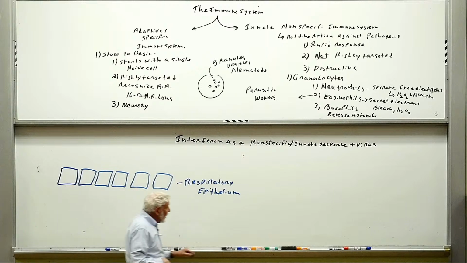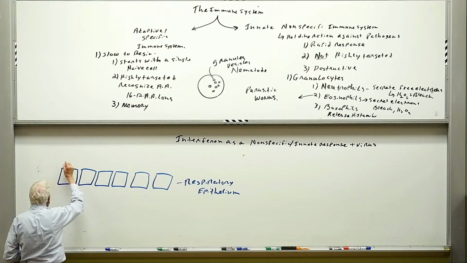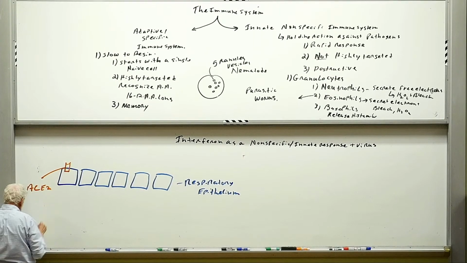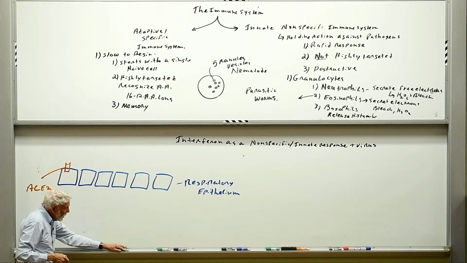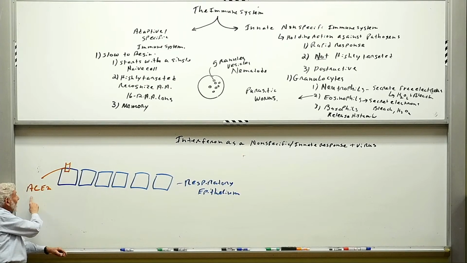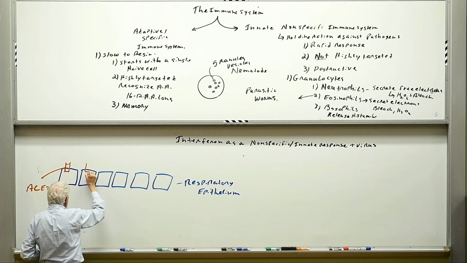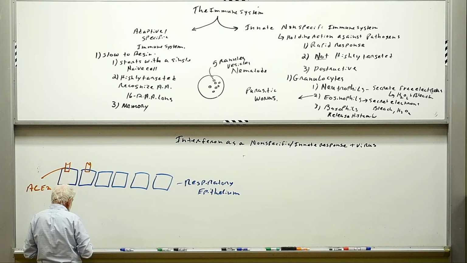And on these epithelial cells, there's a transmembrane protein called ACE2. We're going to see later that when we talk about the kidney, there's an ACE1, angiotensin converting enzyme, which does something controlling blood pressure. But this is simply a transmembrane protein which we find on the epithelial cells, and all of your cells in the respiratory epithelium contain it.